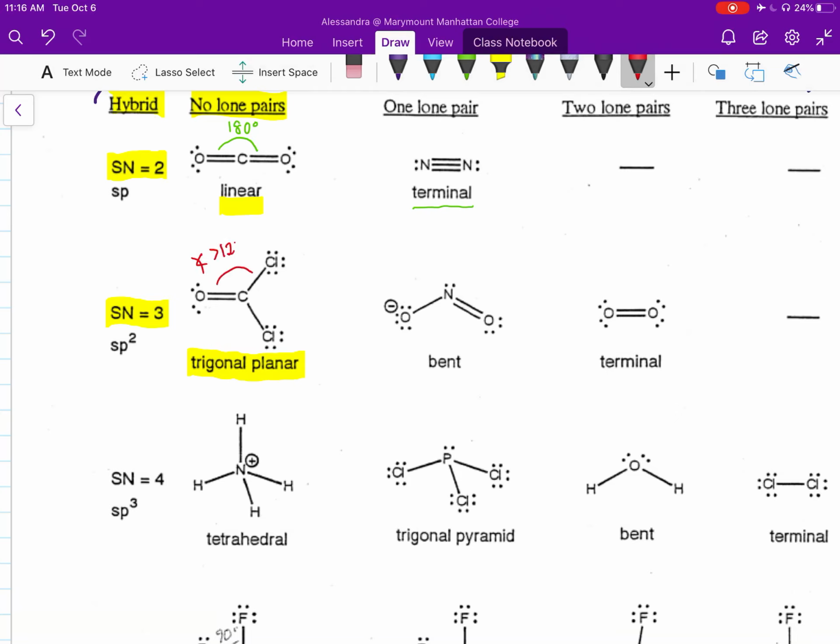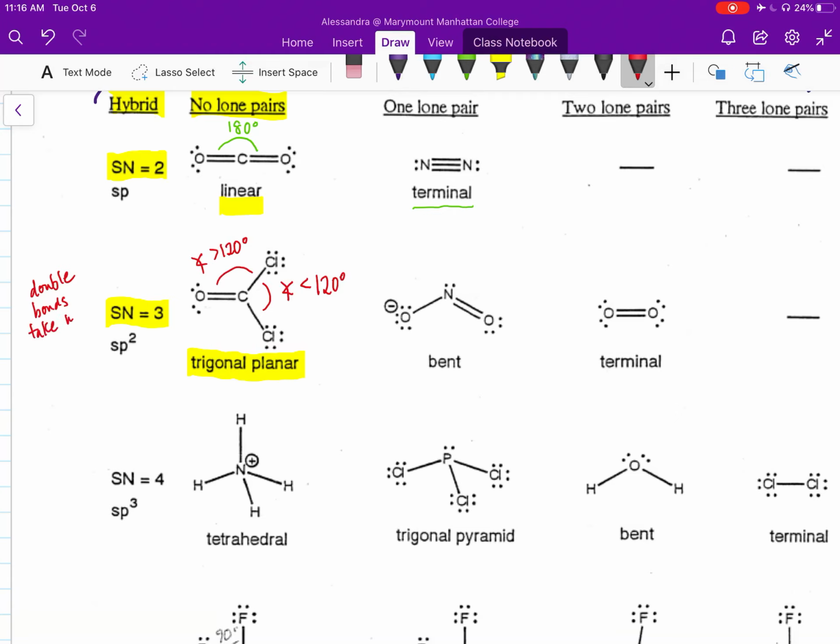And what that's going to do is squeeze this bond angle so that it's just going to be slightly less than 120 degrees. So that's the first of the kind of little exceptions that you should keep in mind. Double bonds take up more space than single bonds.